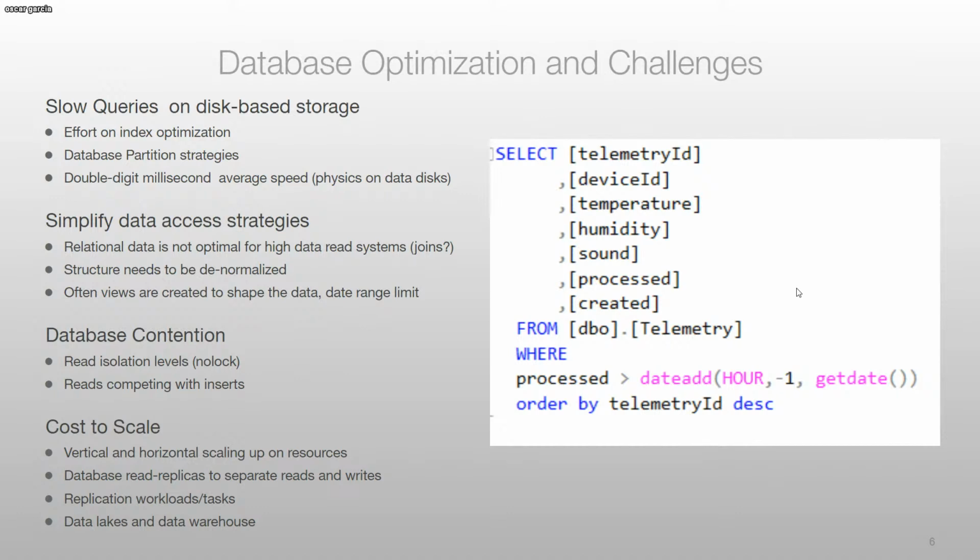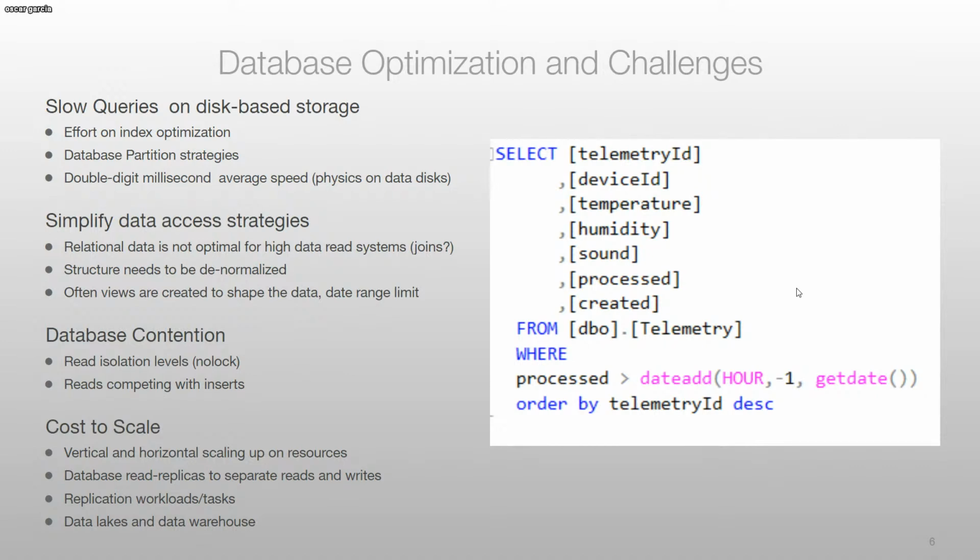So we start working in many projects to improve the way to access the database, to eliminate contention, to simplify the data access, right? So we may denormalize the database because there maybe are two joins. In this case, it's a simple table, but the point is that we go through a series of approaches to improve the database performance, right?